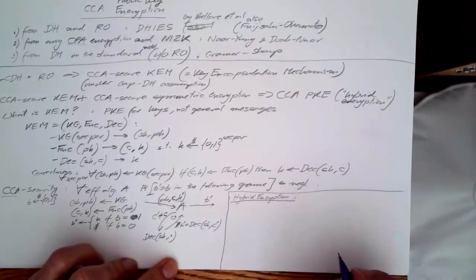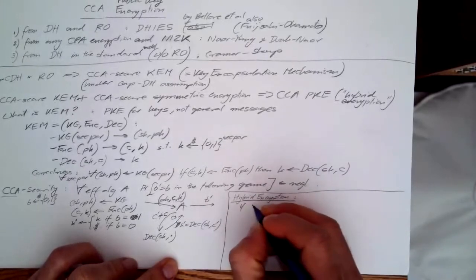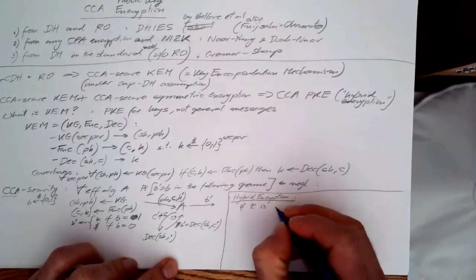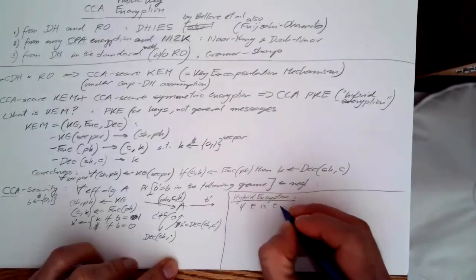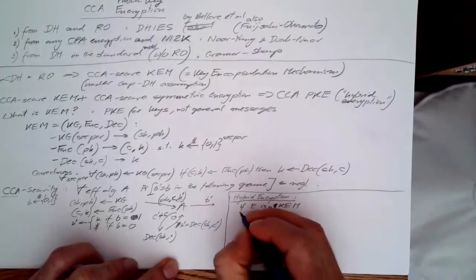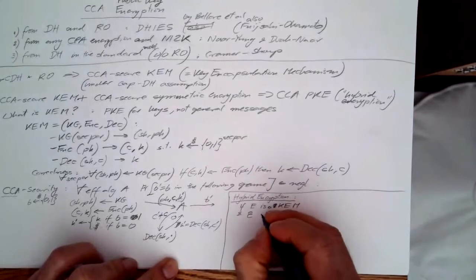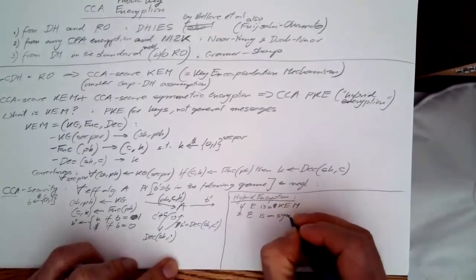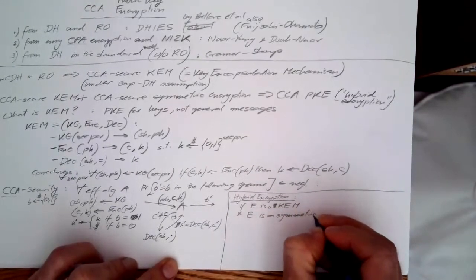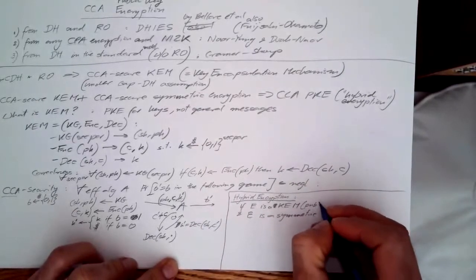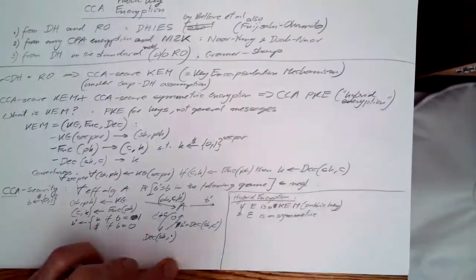It's like this: if E is a KEM, a public key KEM, and epsilon hat is a symmetric encryption.